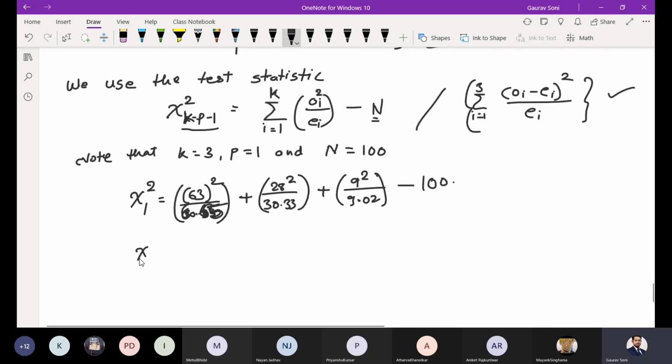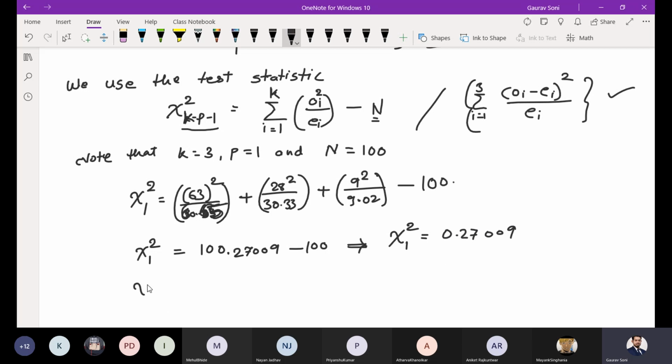So chi-square distribution with 1 degree of freedom, that is 100.27009 minus 100. So which gives me chi-square distribution with 1 degree of freedom, that is 0.27009.